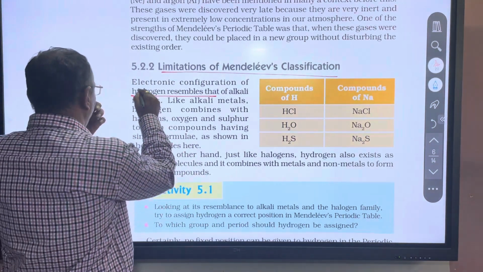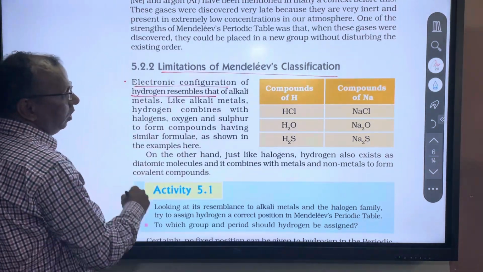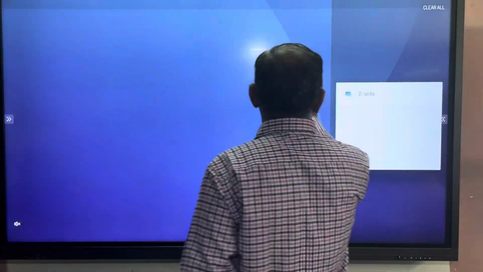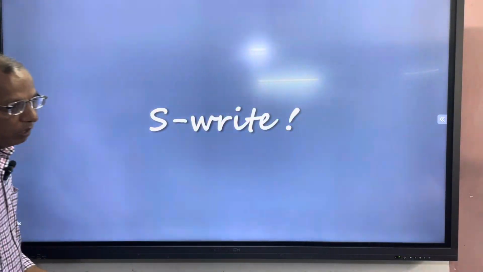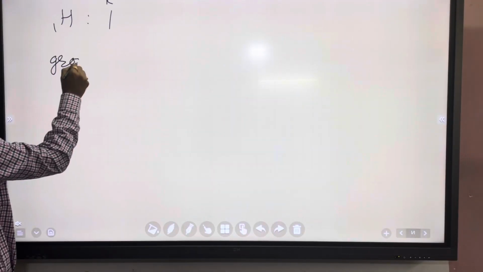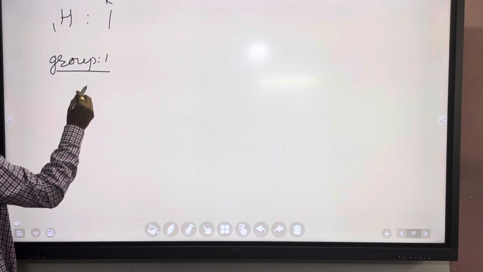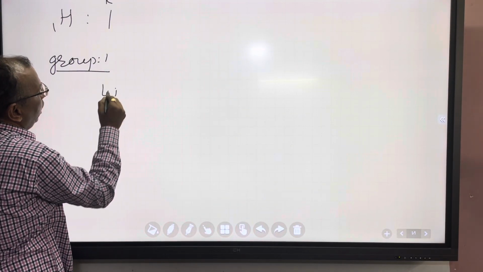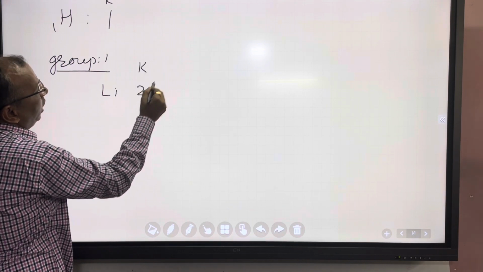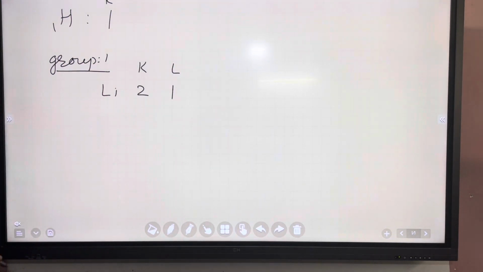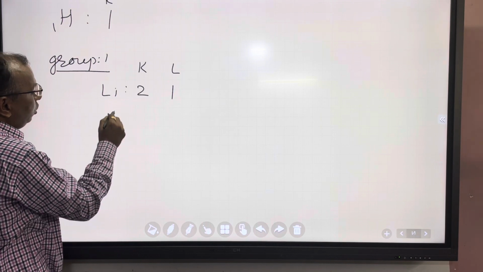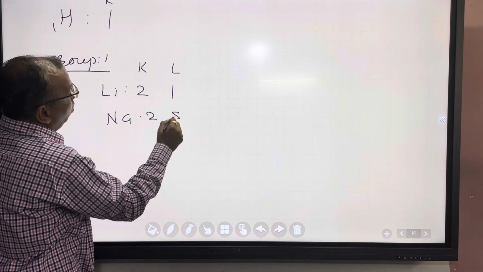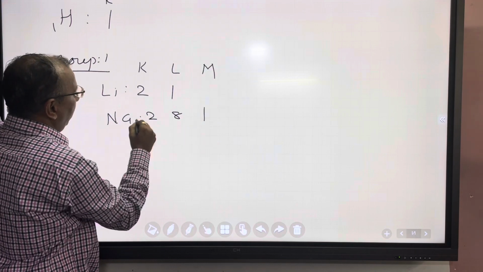The first point is the electronic configuration. Friends, as you know, hydrogen has just one electron in its K shell. Similarly, if we go to group 1, the first element is lithium. In lithium, the K shell has 2 and the L shell has one electron. In sodium, friends, it is 2, 8, 1 in the K, L, M shells.